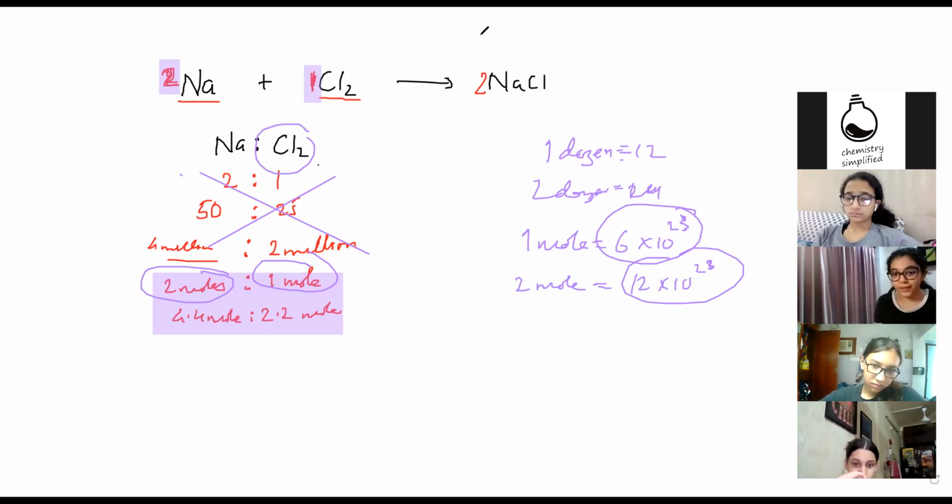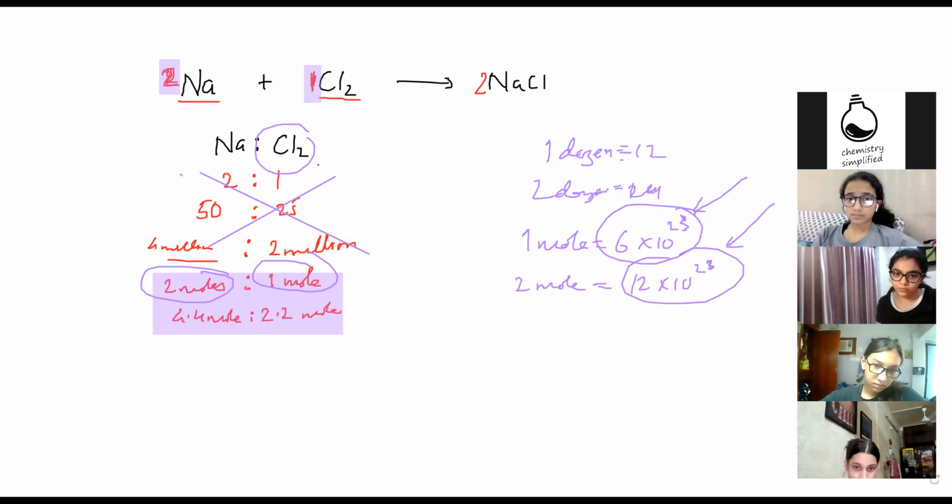Okay, but another problem is that if I have to take sodium and chlorine in that ratio, how do I ensure how much chlorine to take, which will have these many chlorine molecules, or how many grams of sodium to take, so that it will have these many atoms.